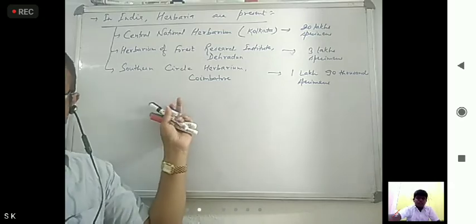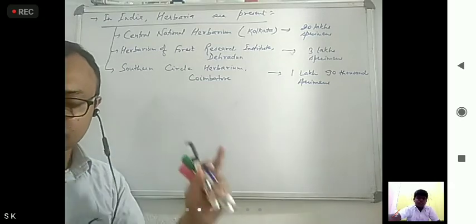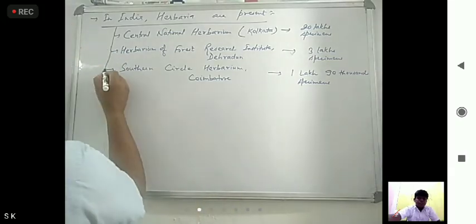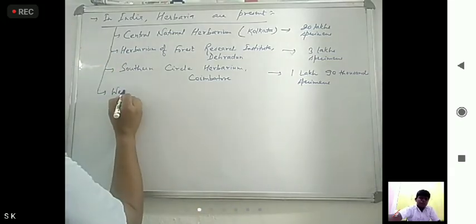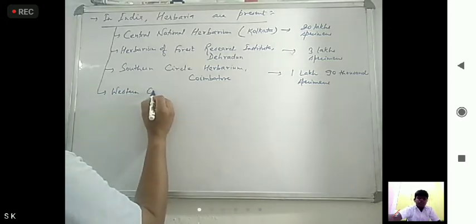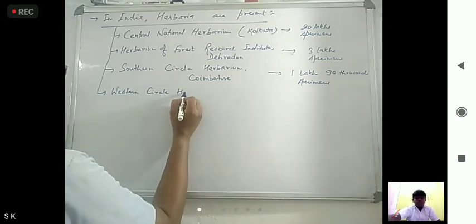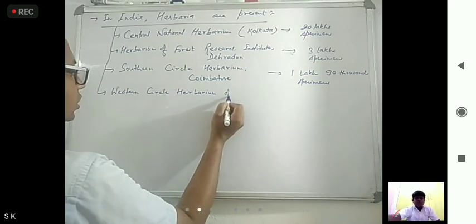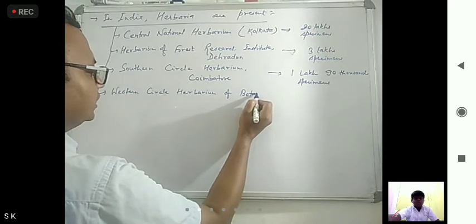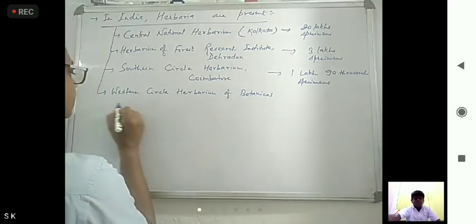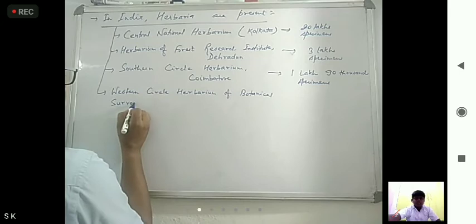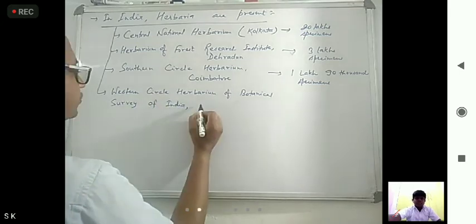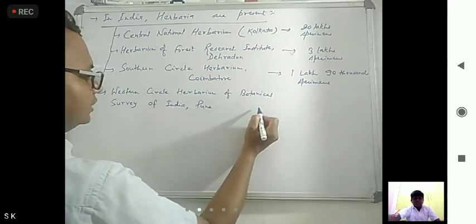One more is there, Western Circle Herbarium of Botanical Survey of India. It is found in Pune, Maharashtra.